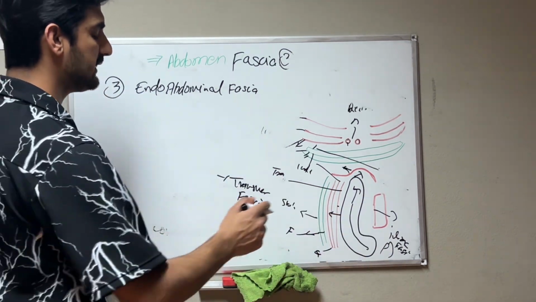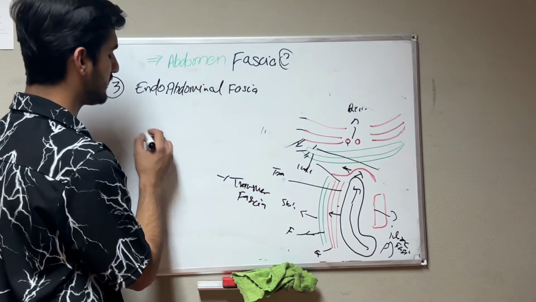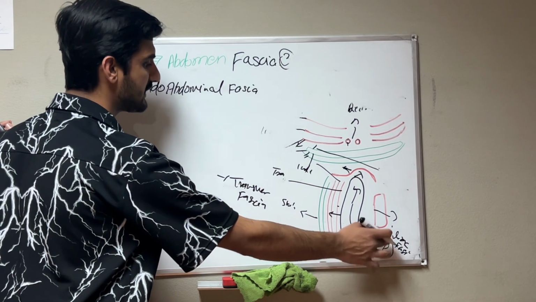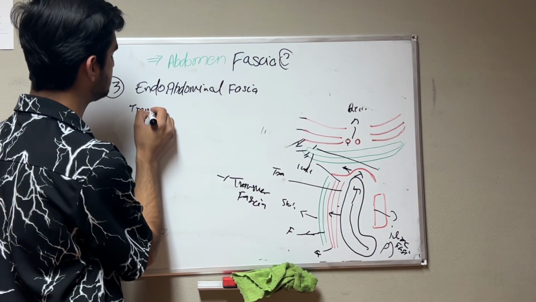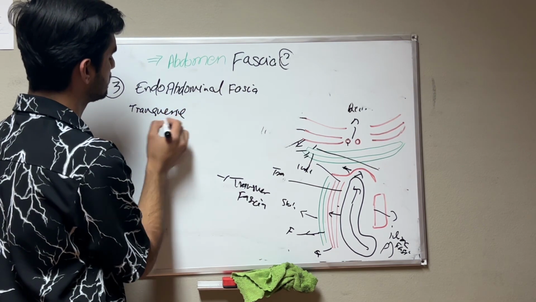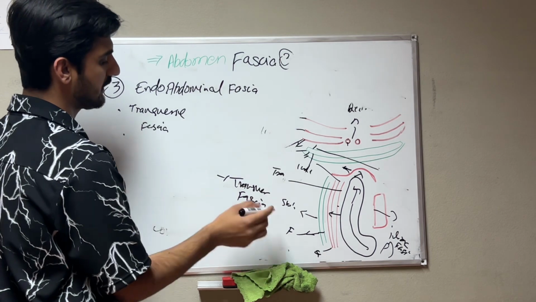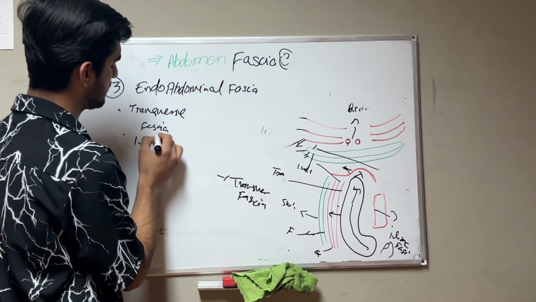These are the transverse endoabdominal fascia, which cover the transverse abdominis muscle, and also we have the iliac fascia. It means we have transverse fascia and iliac fascia.